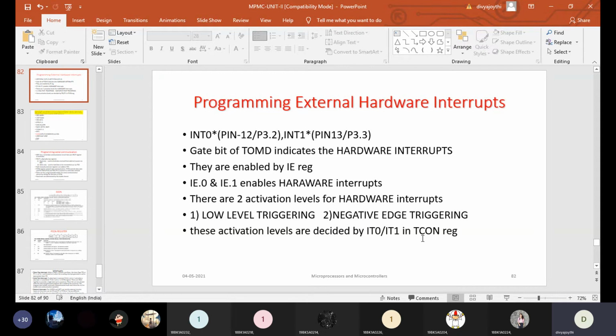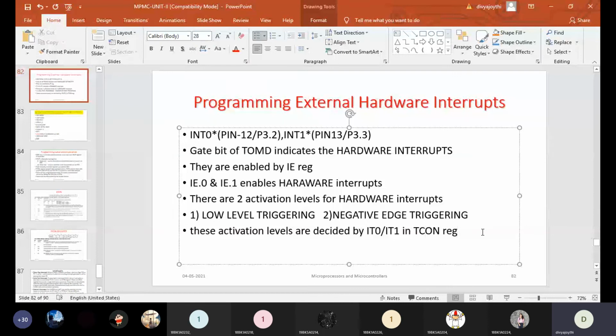And who will decide whether the controller is executing the interrupt at low level triggering or at negative edge triggering? That is decided by the TCON register. In the TCON register, if you recall, there are two bits named IT0 and IT1, which give the information of at which level of triggering the controller should execute the interrupt.